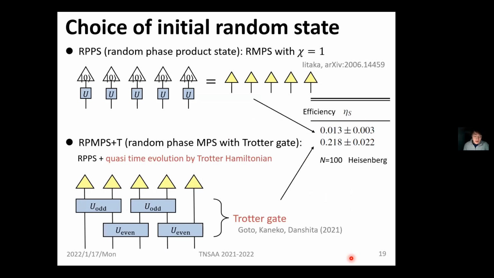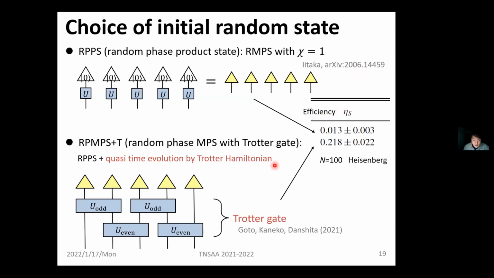Next, the random phase product state, or RPPS, was proposed by Iitaka-san in 2020. It is equal to RMPS with bond dimension chi equals 1. Therefore, this random state does not have any entanglement, and this makes RPPS inefficient.